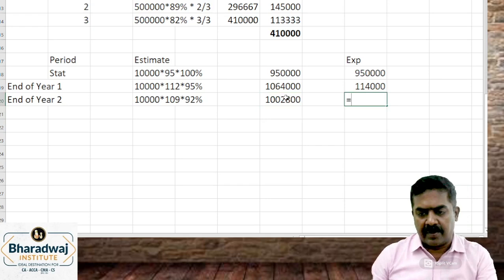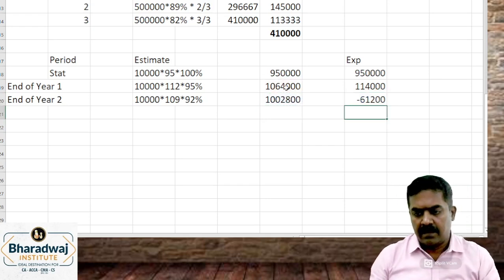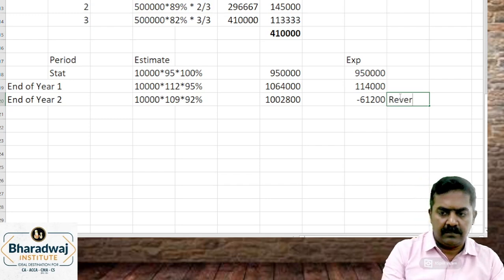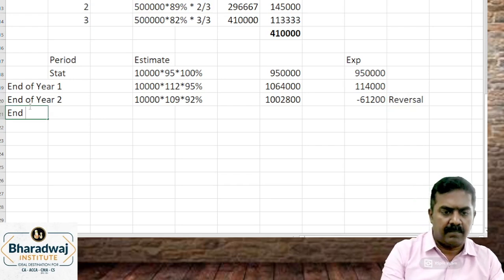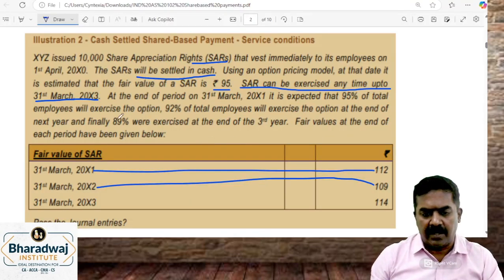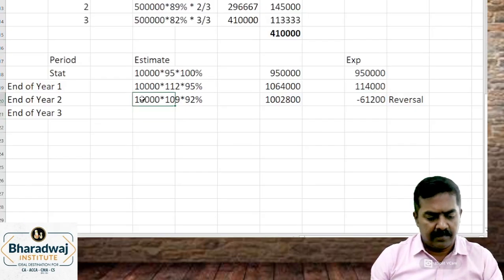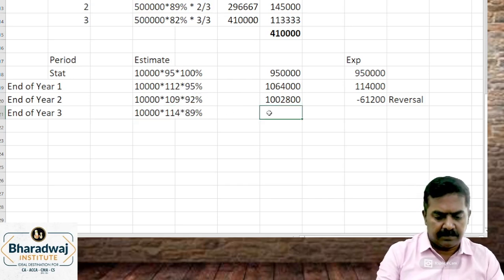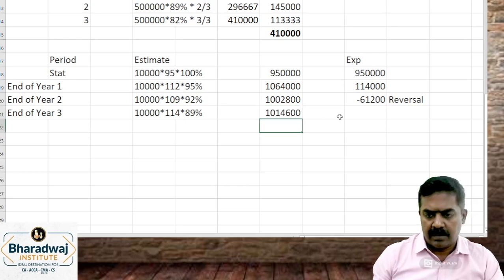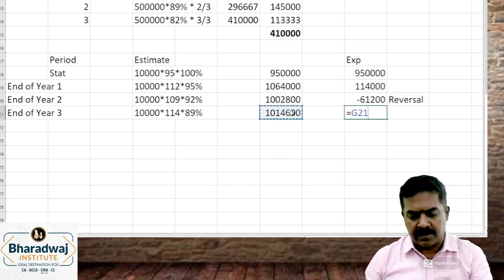There is a reversal required. Excess provision will reverse it. End of year 3, எவ்வளவு employees exercise பண்ணாங்க? 89%. What is the fair value? 114. 114 into எவ்வளவு percentage? 89%. Difference will be taken as an expense.